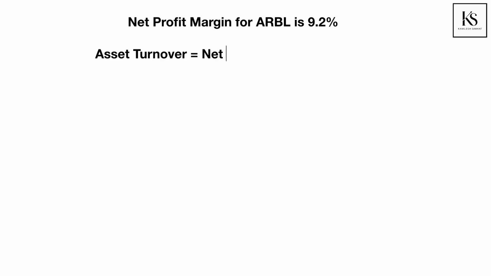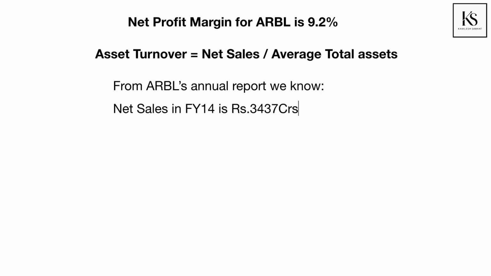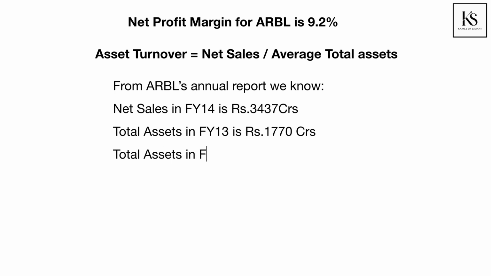Asset turnover is equal to net sales divided by average total assets. We know from the FY14 annual report that the net sales of ARBL stand at 3437 crores. The denominator has average total assets, which we know can be sourced from the balance sheet. From ARBL's balance sheet, the total asset for FY14 is 2139 crores.